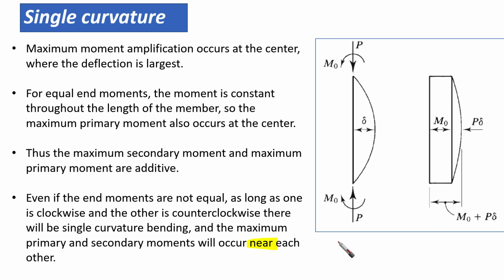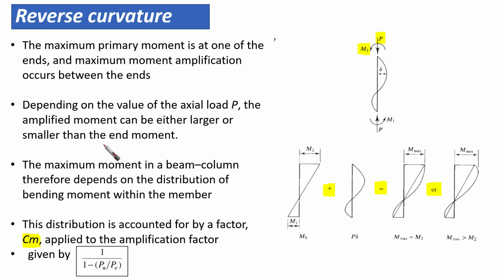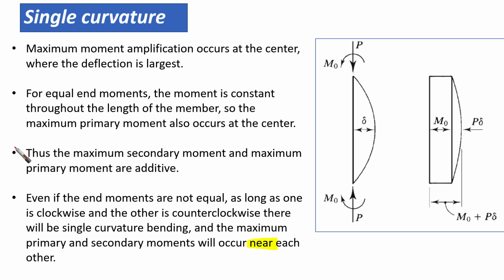Now let's go and see here. Here we have the single curvature case, and after that I'm going to talk about the reverse curvature. So we have two cases here for the moment. We need to know where the maximum amplitude of buckling would take place along the element. There is a difference between the two cases.